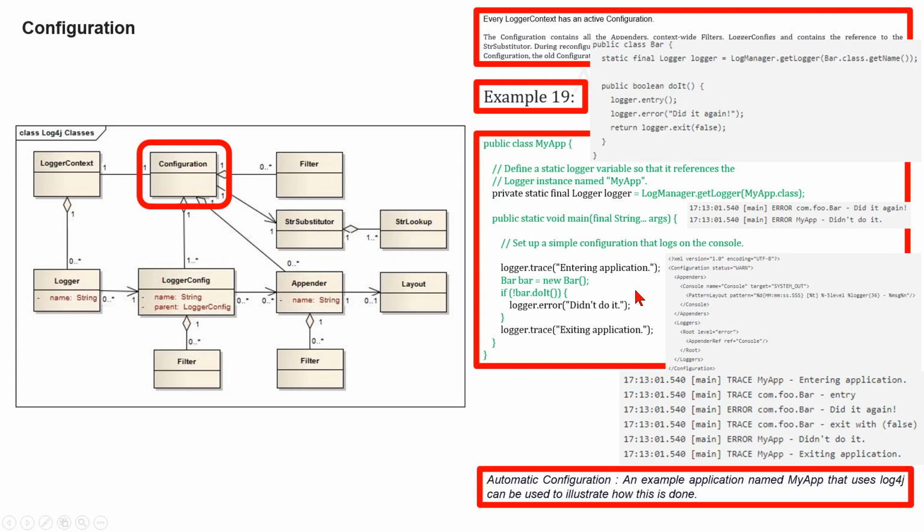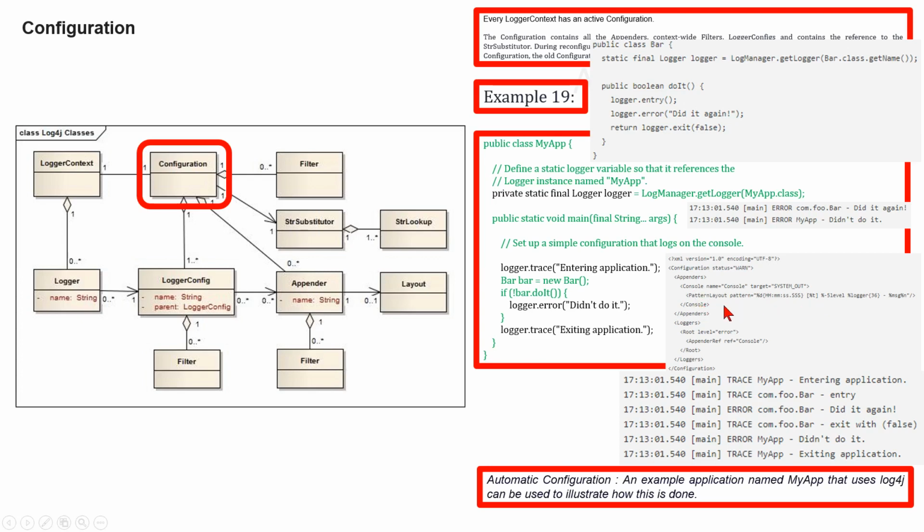The default configuration, provided in the DefaultConfiguration class, will set up a ConsoleAppender attached to the root logger, and a PatternLayout set to the pattern shown here attached to the ConsoleAppender.